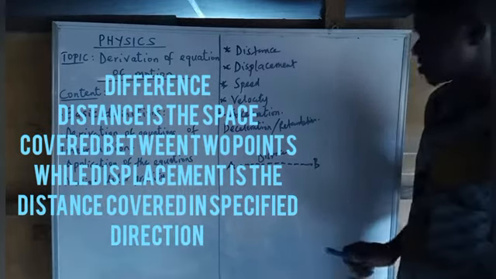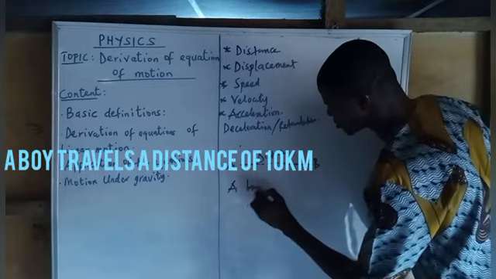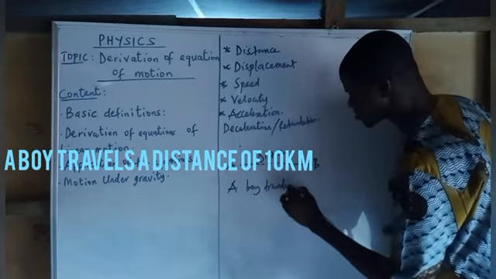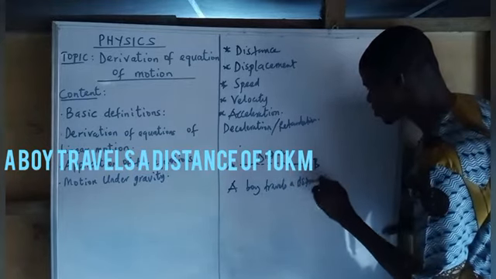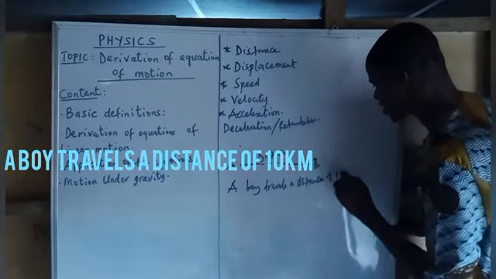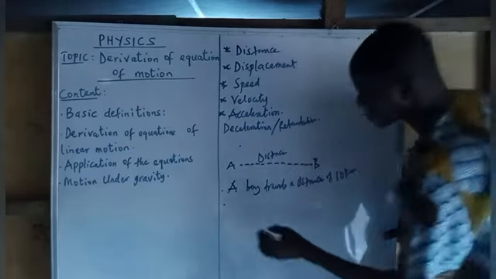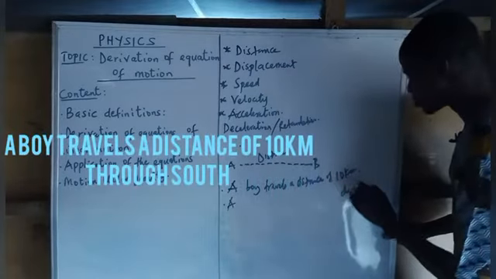Let's look at the difference between the two. For example, if I say a boy travels a distance of 10 kilometers, and in another breath, I say a boy travels a distance of 10 kilometers due south.